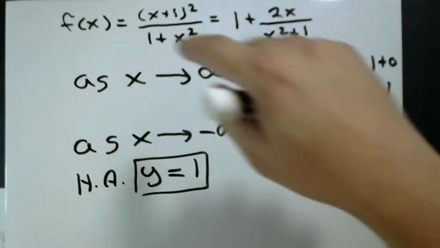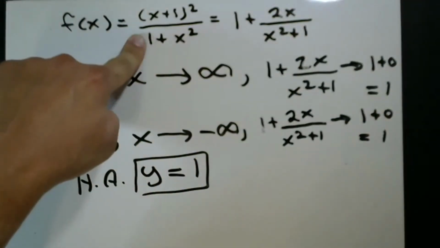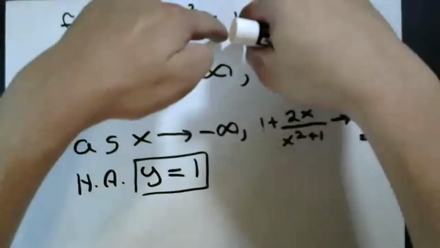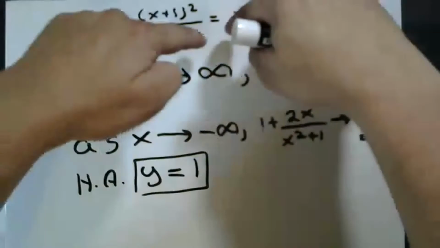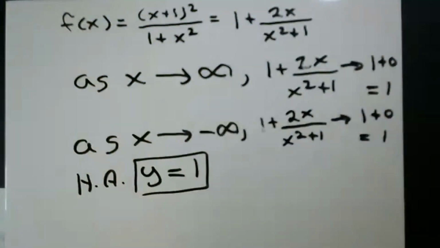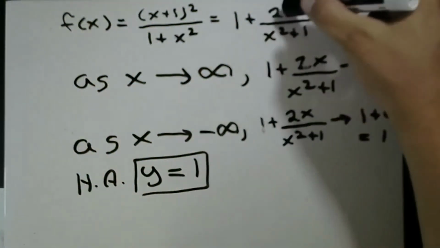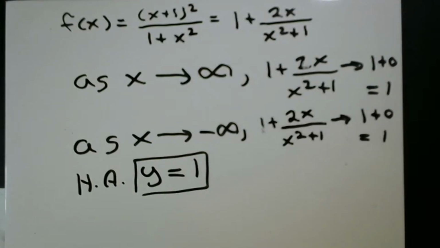And so this function f of x, though it looks pretty complicated, it'll sort of settle down to be close to y equals 1, because this term basically disappears. So that's how we handled it in algebra.